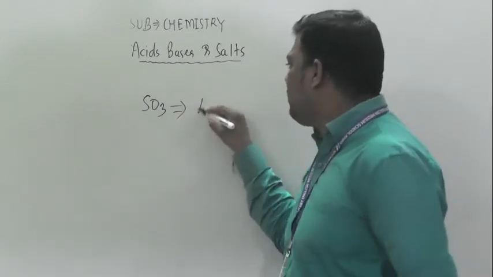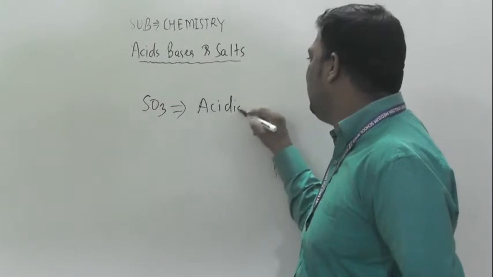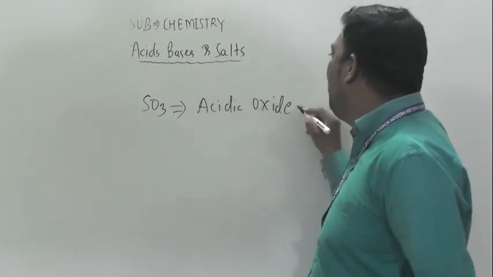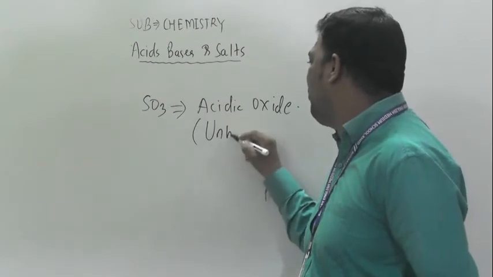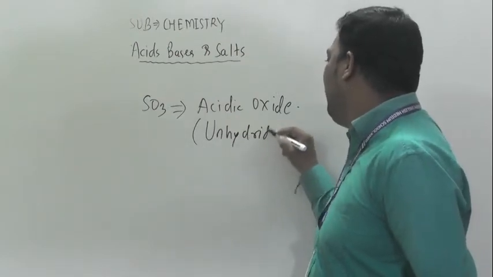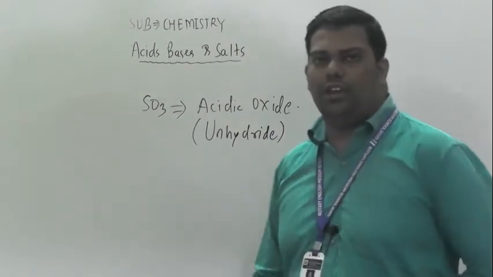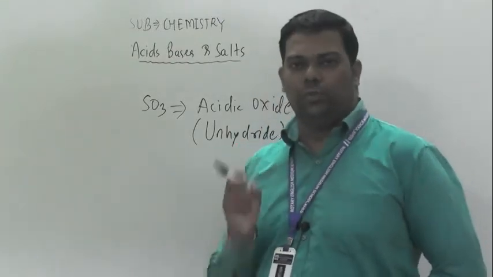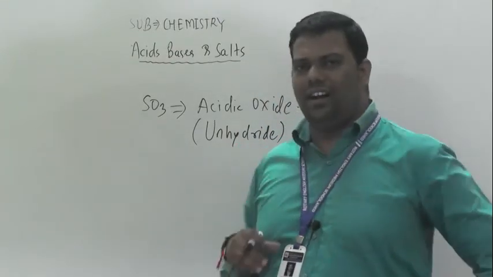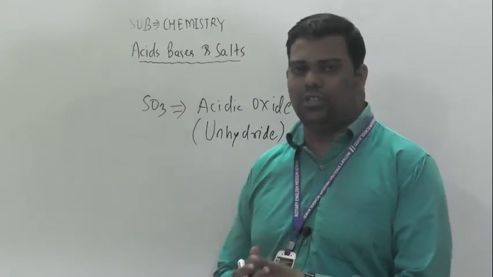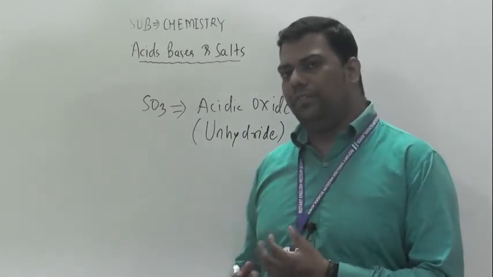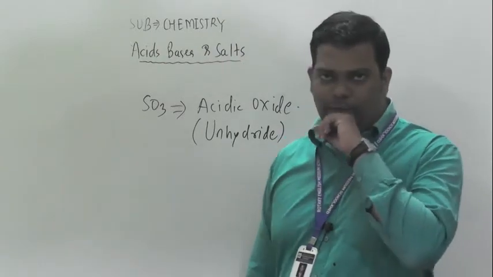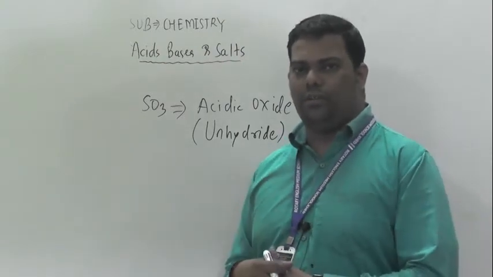We call this an acidic oxide, but we also call it an anhydride. This word may be new for you. Anhydride means, suppose H2SO4 fumes mistakenly go into our mouth.